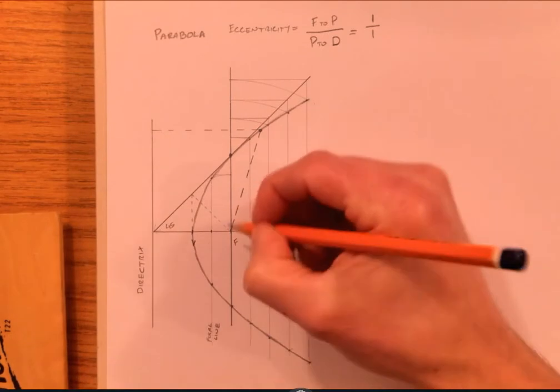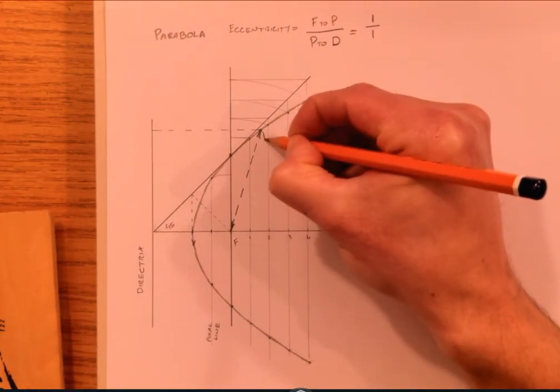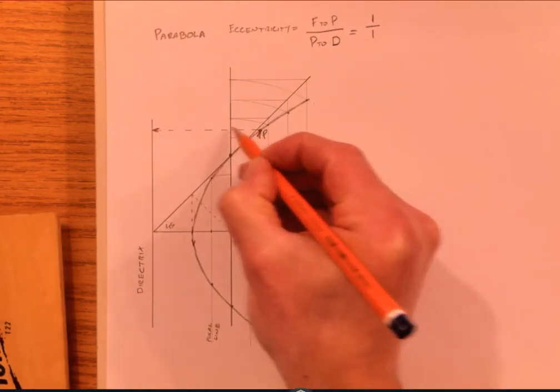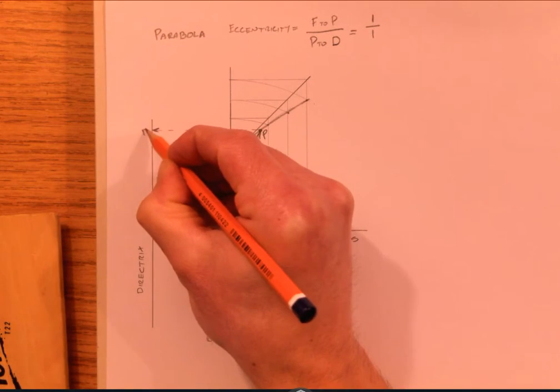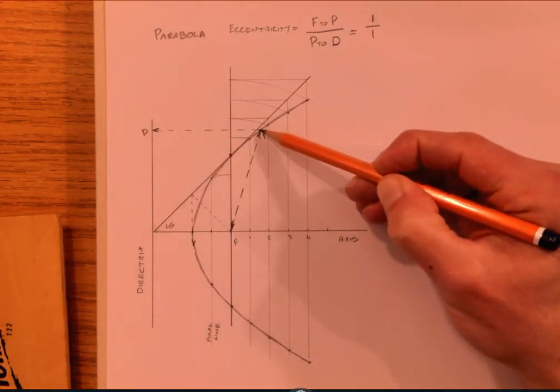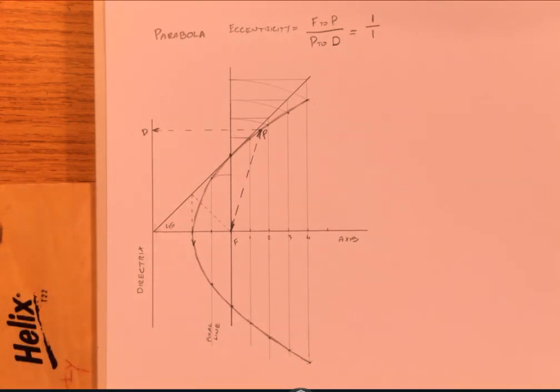So when we're drawing a parabola, the distance from the focus to any point, we'll call it P, is equal to the distance from that point horizontally to the directrix, which we'll call it D. So that's where our F to P is 1 unit, P to D is 1 unit. So it's the same. And that is replicated all over the parabola.